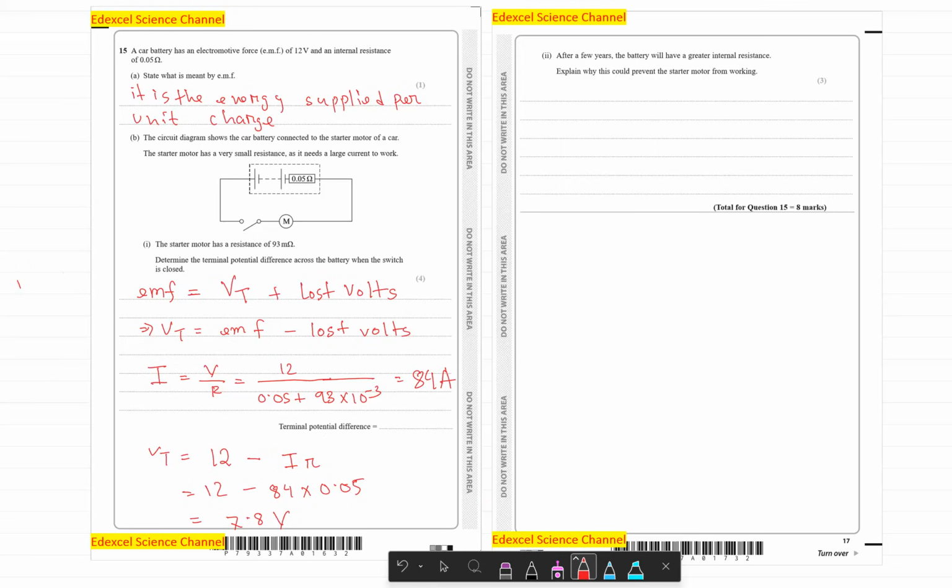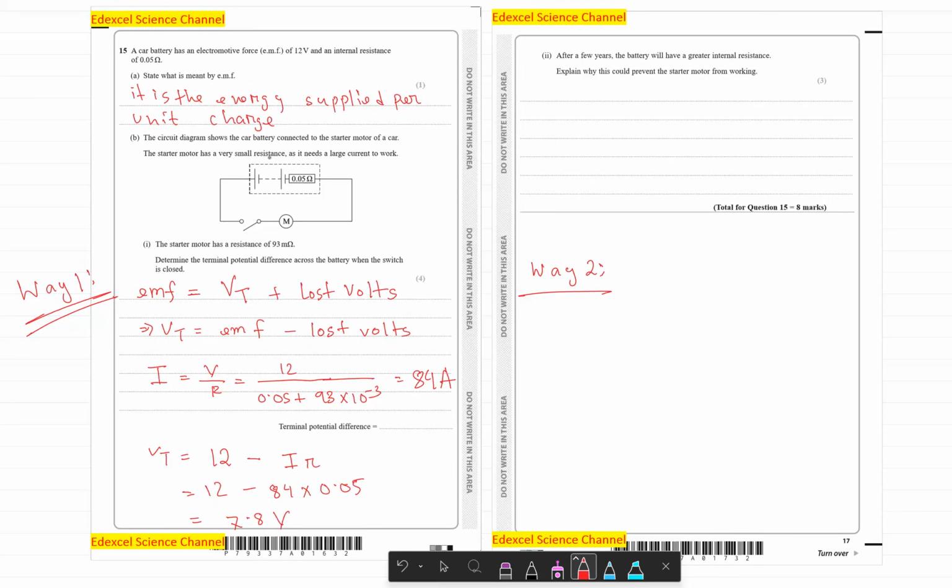But I believe you can do it in another way. Okay, let's call it way number one. If you find this process difficult, then you can actually do another way. Let's call it way number two. Way number two is using potential divider circuit. Imagine that this circuit is a potential divider circuit. Why?